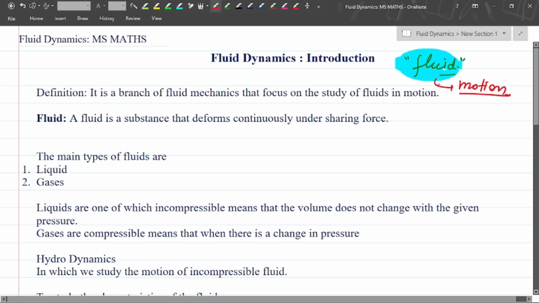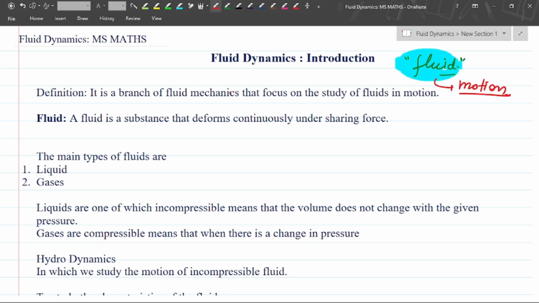What are the properties of the fluid in the state of motion? Because fluid generally flows, if the fluid is in a running or flowing state, we'll discuss its properties on the basis of the motion.